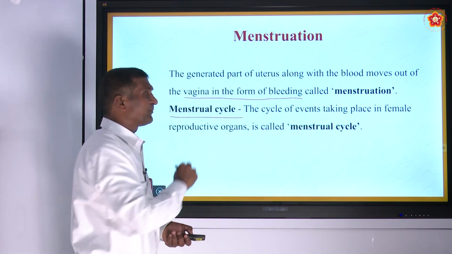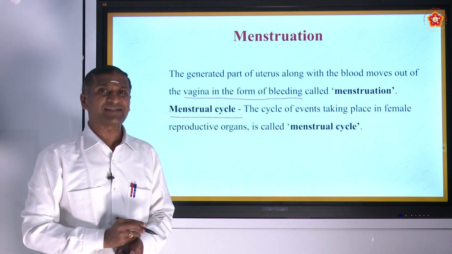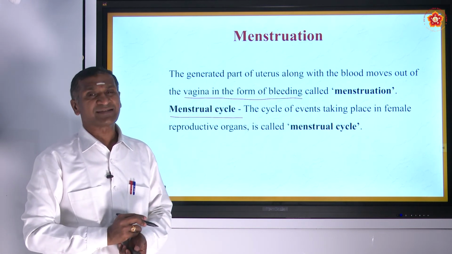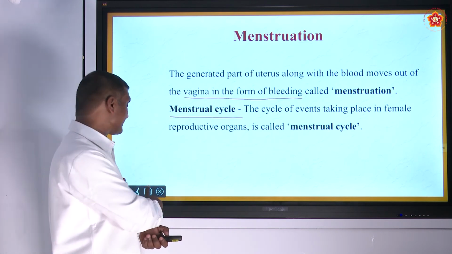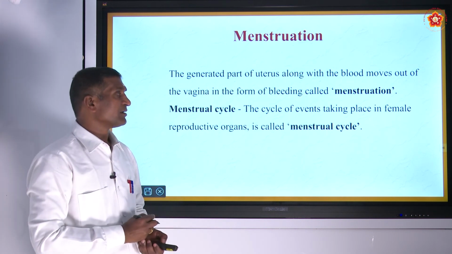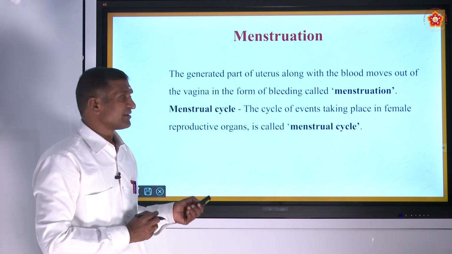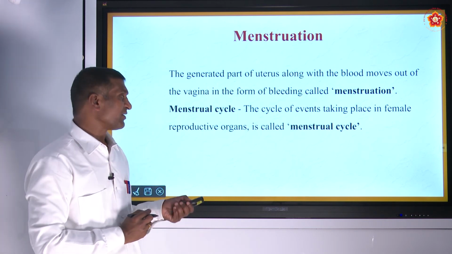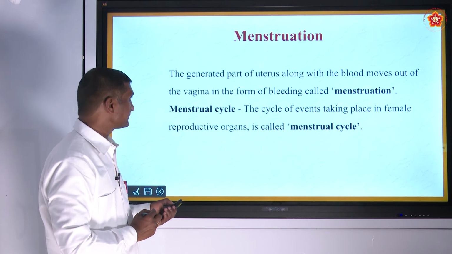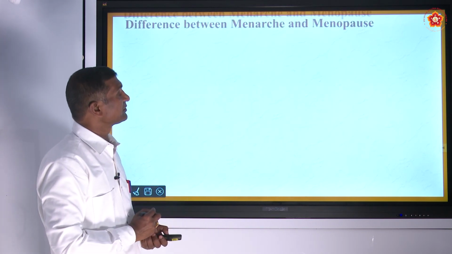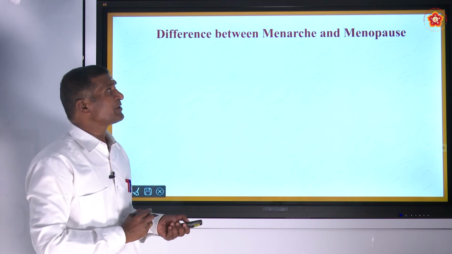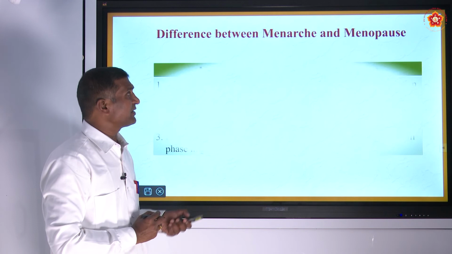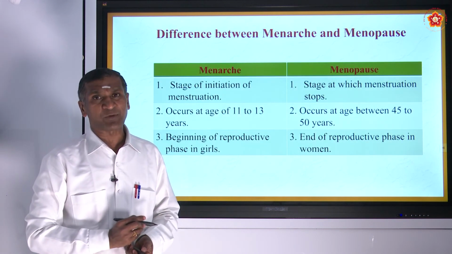Menstrual cycle: the cycle of events taking place in female reproductive organs is called the menstrual cycle. Difference between menarche and menopause, a very important question from the exam point of view.